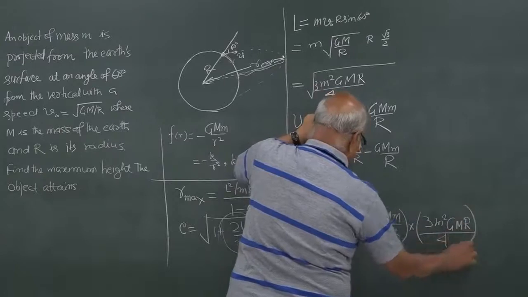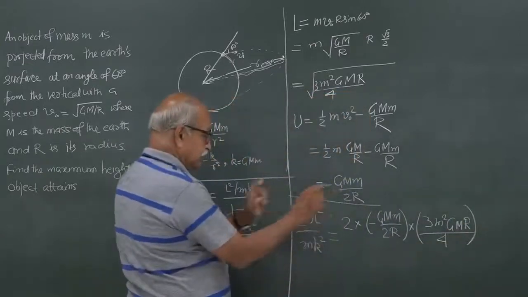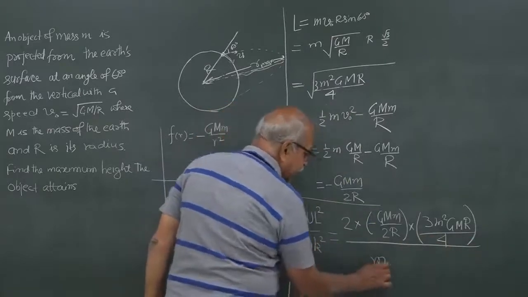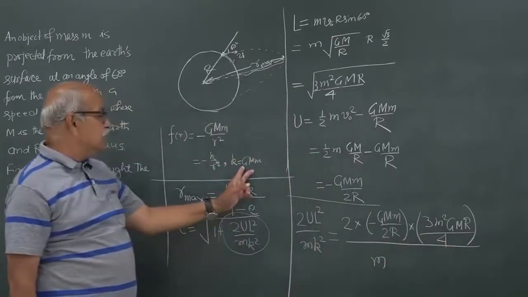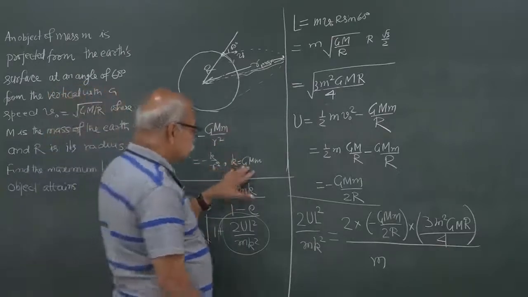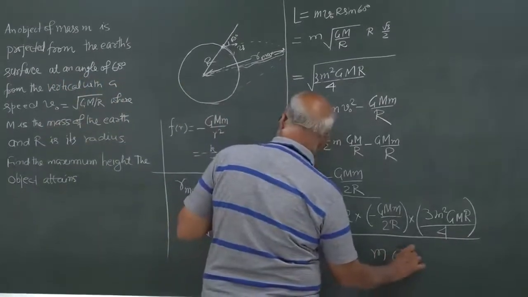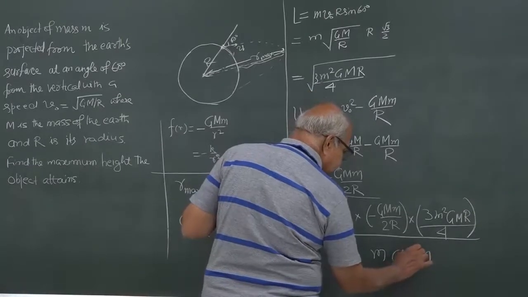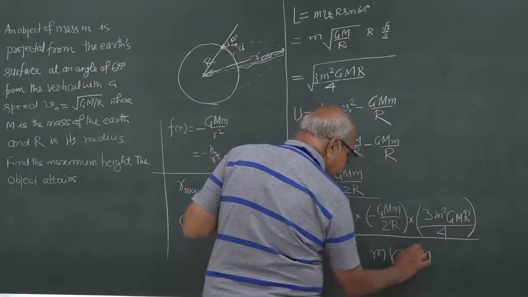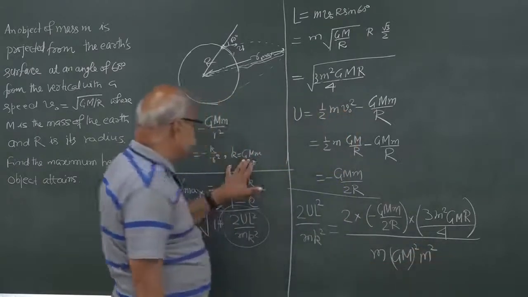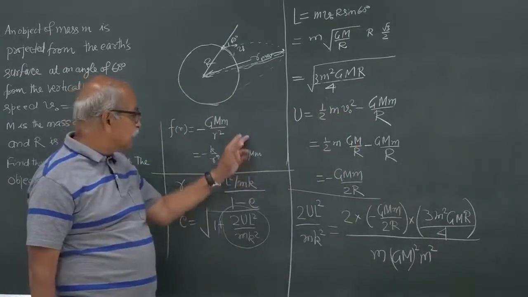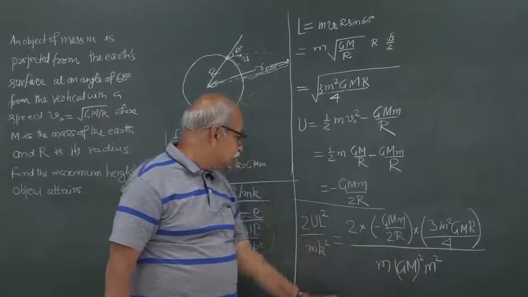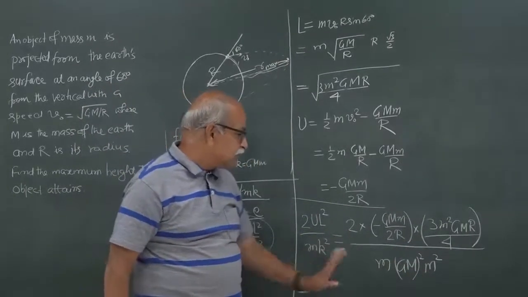And k is G M m, so k square is G M square and m square.